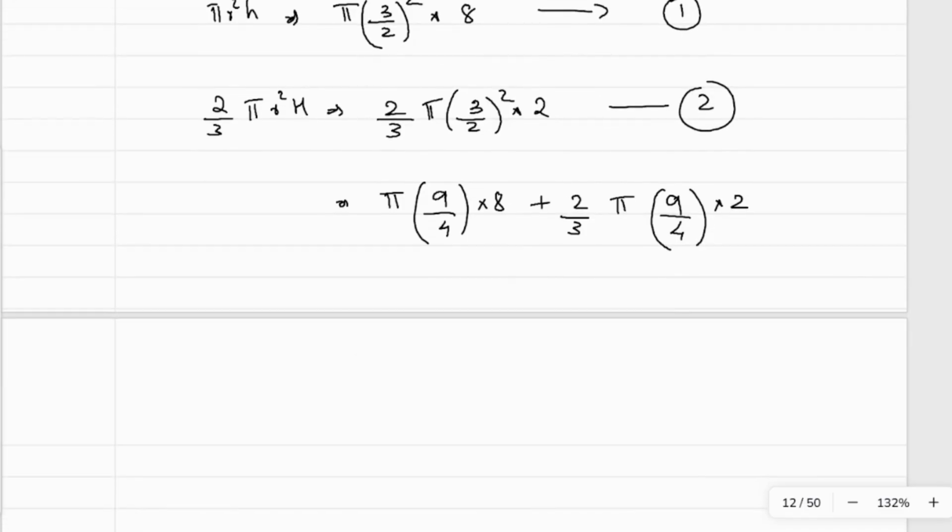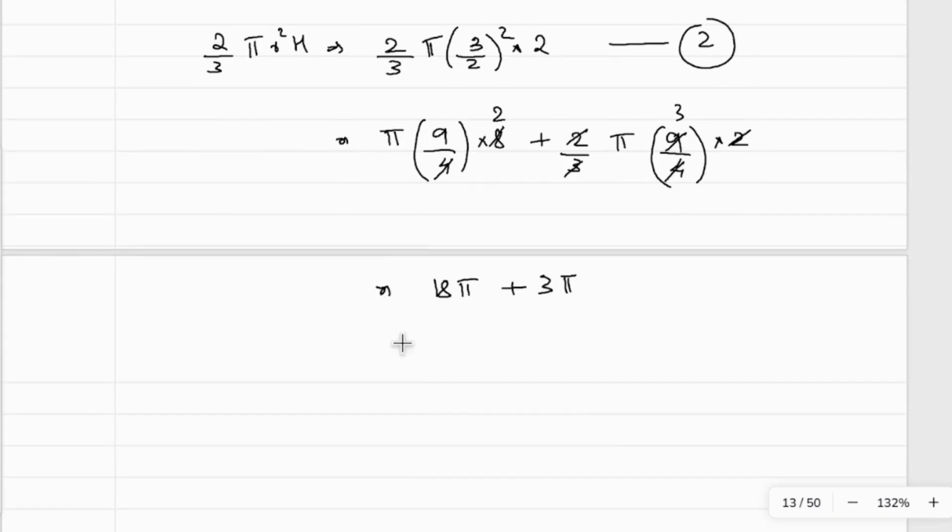Here I can cancel: this and this cancel together, I will get 2 here. This and this cancel together, I will get 3 here. I can cancel all of them together. So 9 twos are 18 pi plus 3 pi, right?